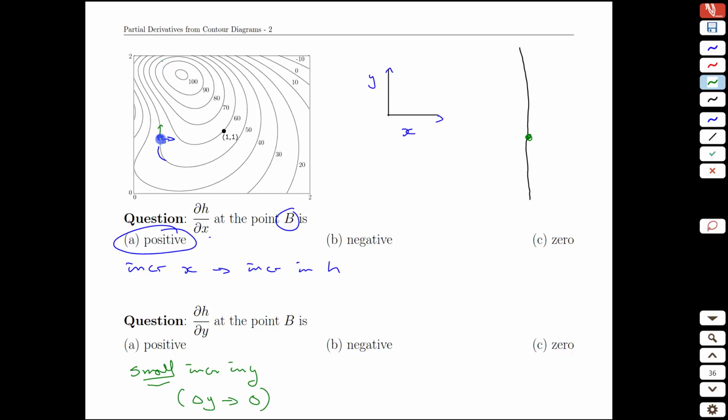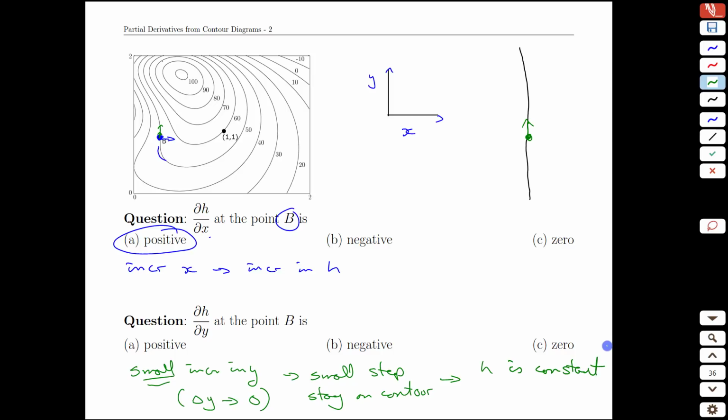If we're talking the derivative, it's always the smallest possible step, and that didn't affect our earlier answers, but it does have an effect here, because if we take a small step along the contour, we actually stay on the contour. Well, if we stay on the contour, that means h is constant.